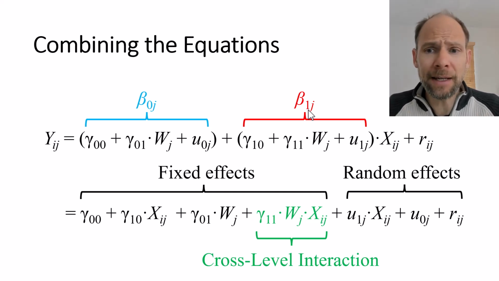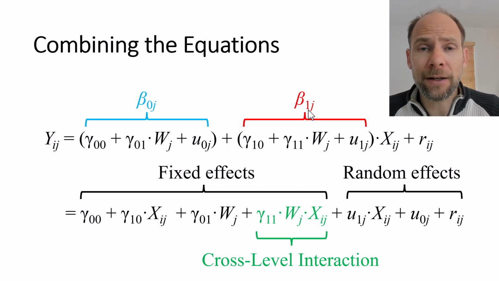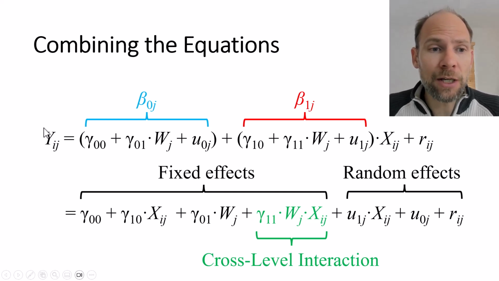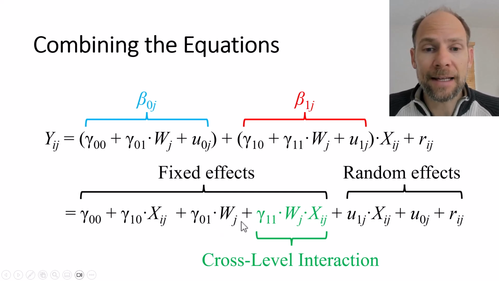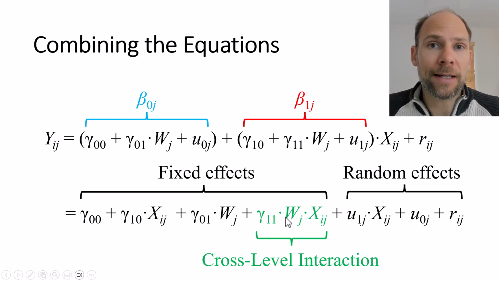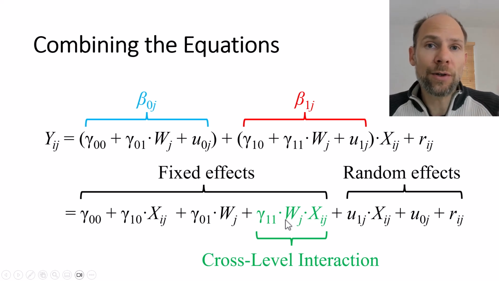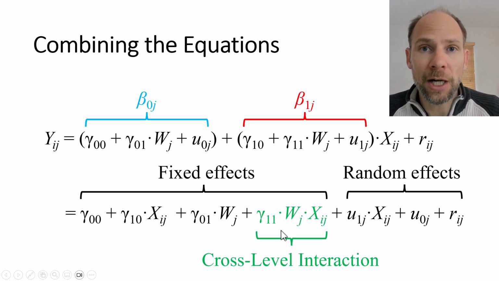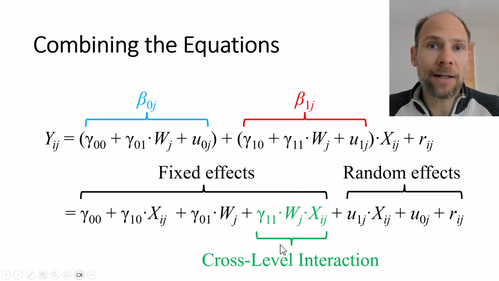So what does this mean from a substantive perspective? It means that our achievement scores could be predicted by study time. Study time may be a predictor of achievement, and the class size itself may also be a predictor of achievement scores, and also the interaction between the class size and the number of hours studied, such that perhaps for students in larger classrooms, the amount of study time has more or less impact on their achievement scores.